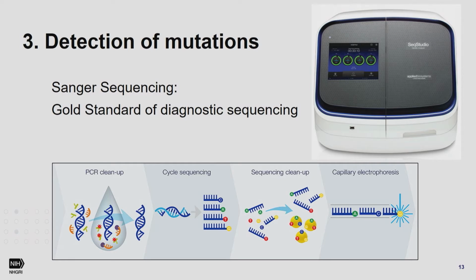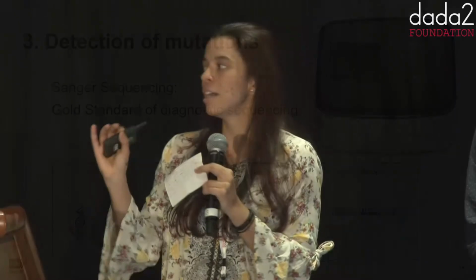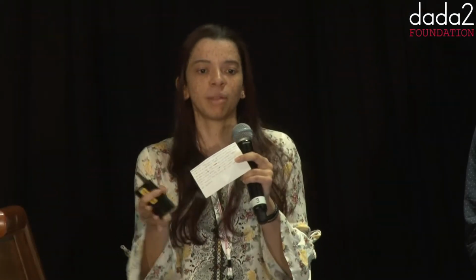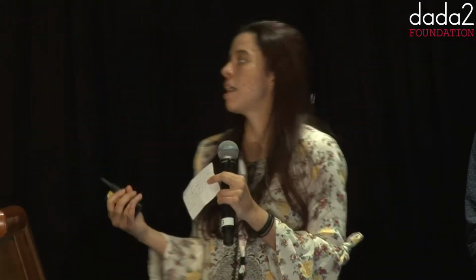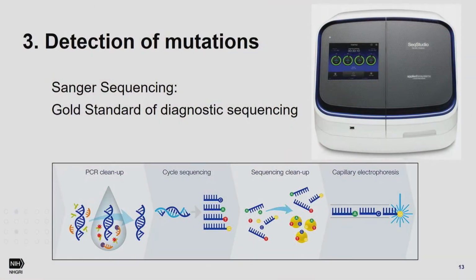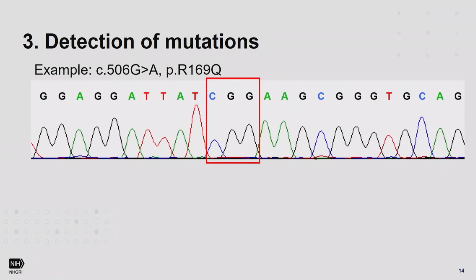So an A gets a green color, a C gets a blue color, a G gets a black color, and a T gets a red color. Then after I do this reaction, I put it in this handsome machine that we just got last year. We got it upgraded, and I'm very excited about it. That machine has a laser that detects each color, and it outputs a graph that looks like this.